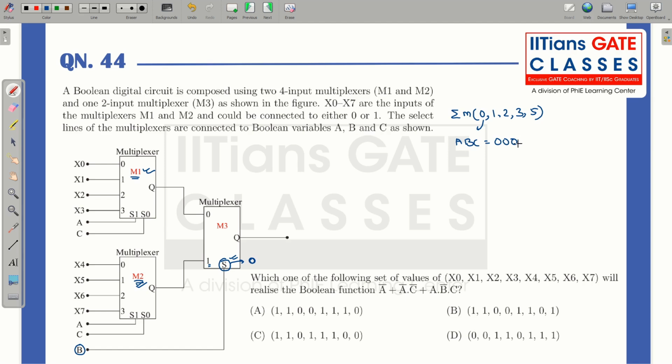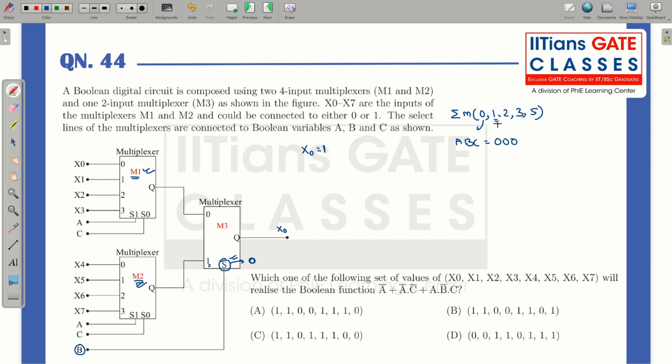So when we have 0, 0, 0, let us see which input will be coming to your output. So B is 0. B 0 means we will be selecting M1, and A and C are also 0, 0. That means X0 will be selected. So X0 selected, output will be X0. So for this minterm to be valid, X0 should be equal to 1.